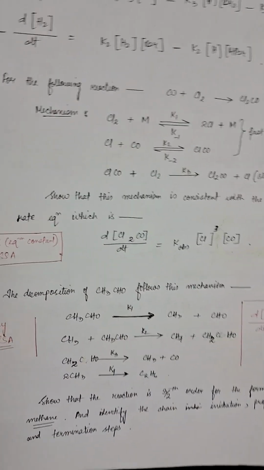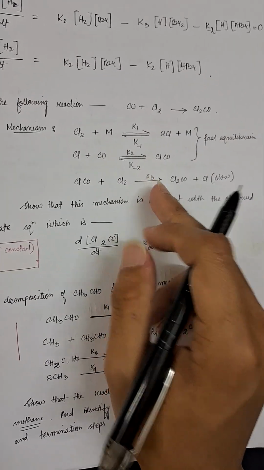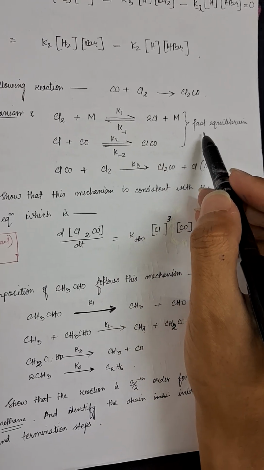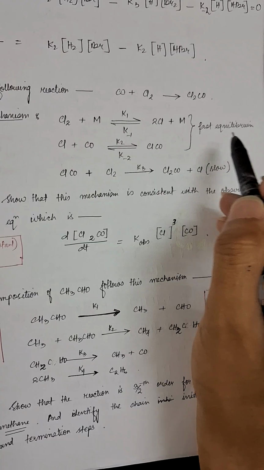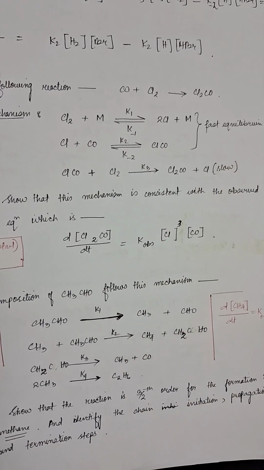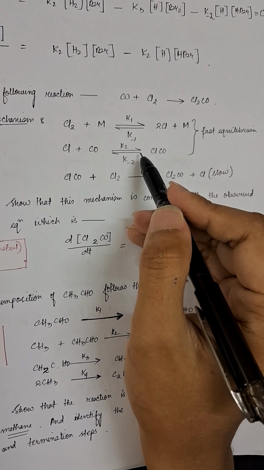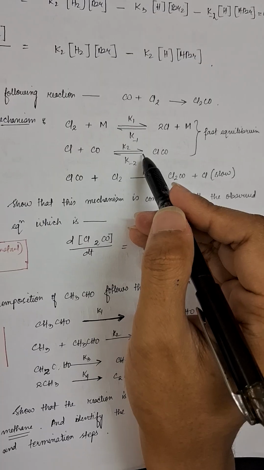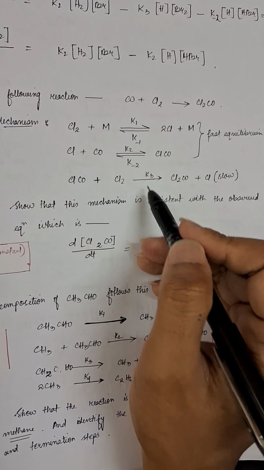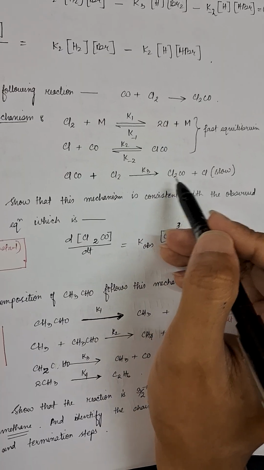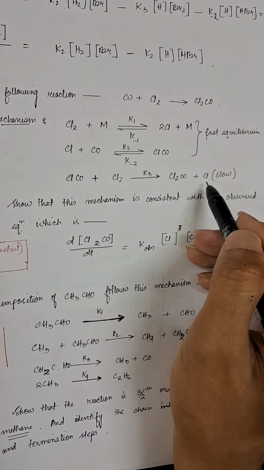But in this question, even though this is a chain reaction, there is a condition here. It's given that this one has a very fast equilibrium. If it's written like this, then it means that the rate at which the reaction is reversed, like K minus 2 or K minus 1, is much greater than K3, the rate at which products are formed.